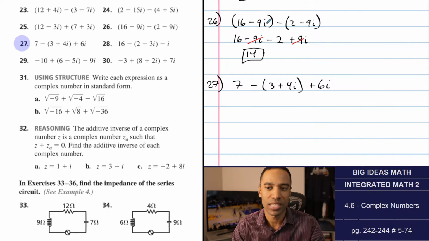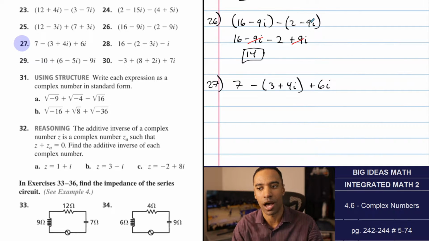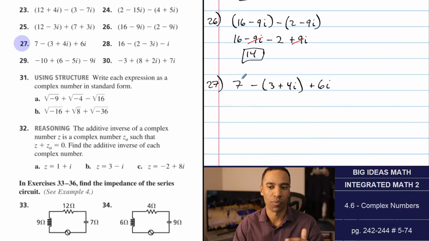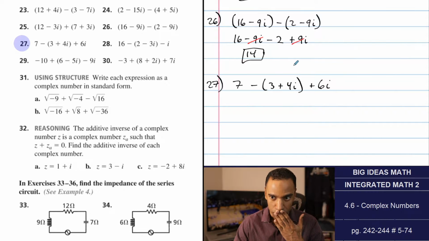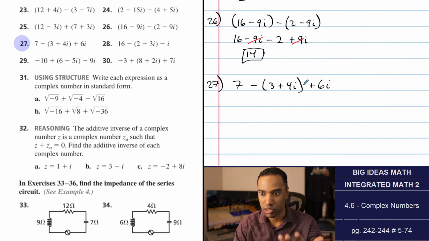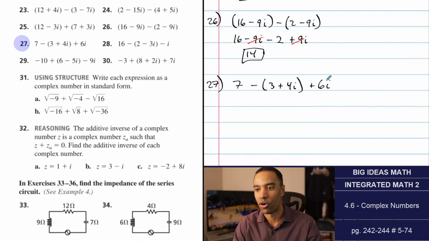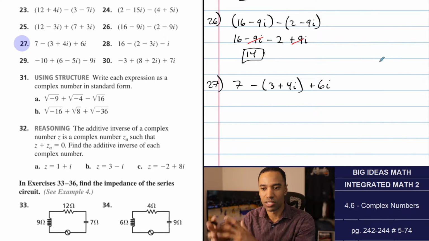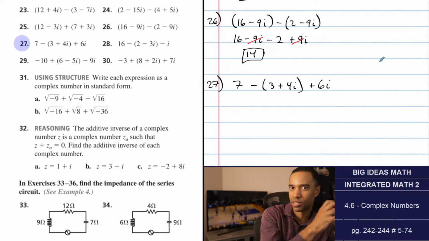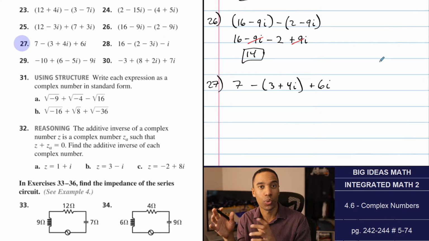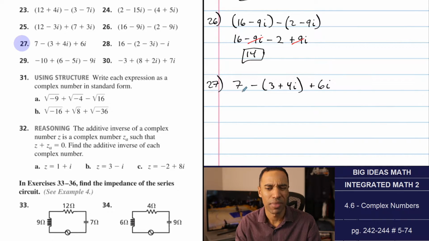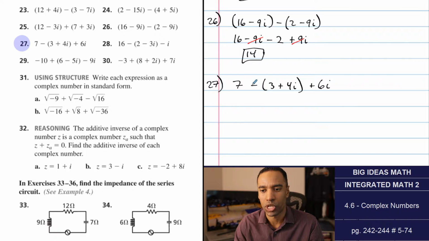Because we're saying, here's how we take this complex number minus this complex number. So for this problem, we're taking a real number, and then we're subtracting this complex number, and then we're adding this pure imaginary number. They're saying, what's this minus this plus this? As if they're treating them as three separate numbers and we get to combine them. That's all.